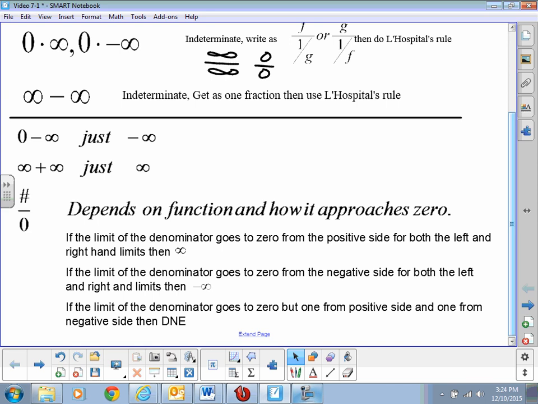If when you did the left-hand and right-hand limits of the denominator, they came towards 0 from the negative side, then we would get negative infinity. However, if from one side it goes towards 0 from the positive, and from the other side it goes towards 0 from the negative, then the limit would not exist.